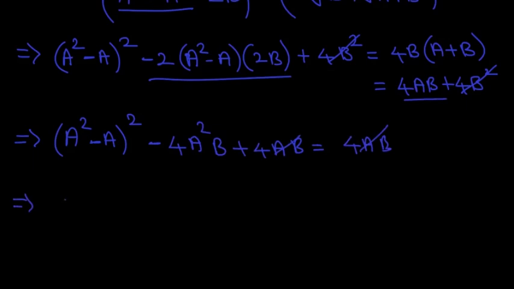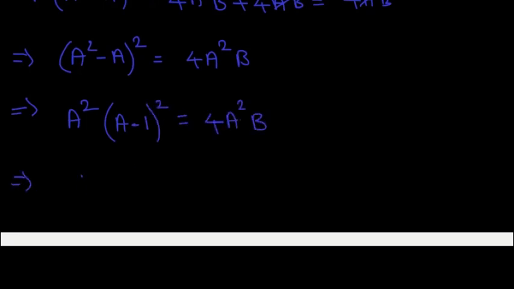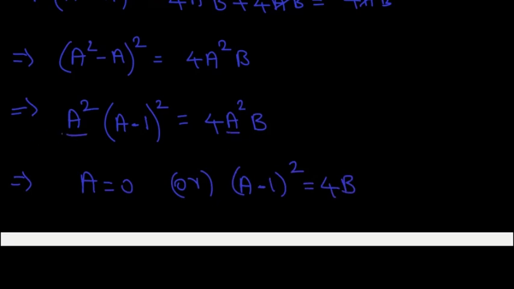So we have A square minus A whole square is equal to 4A square B. Now taking A outside again, A square into A minus 1 whole square is equal to 4A square B. So this means either A is equal to 0 or A minus 1 whole square is equal to 4B. Because when A is equal to 0, this is trivially true. When A is not equal to 0, we can cancel A square on both sides, which gives A minus 1 whole square is equal to 4B.